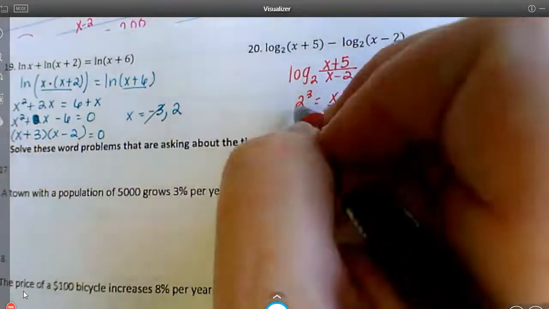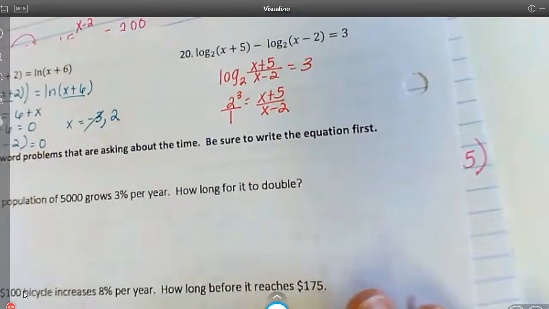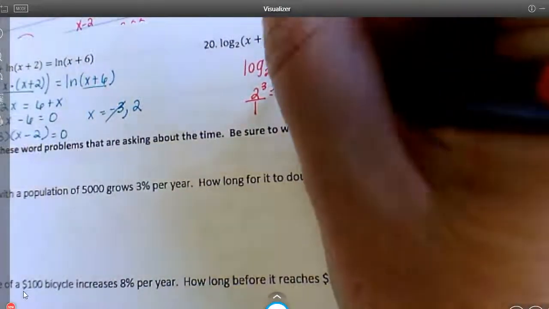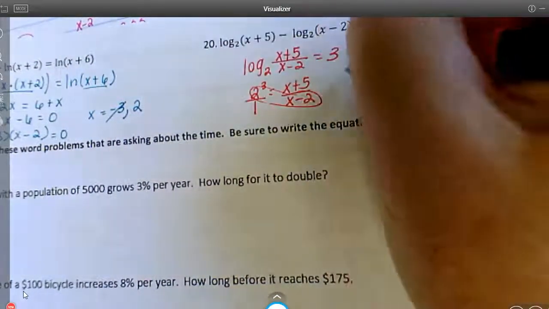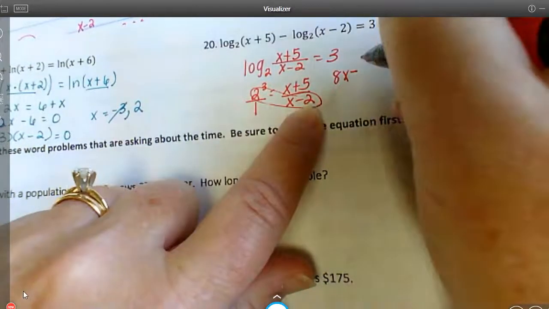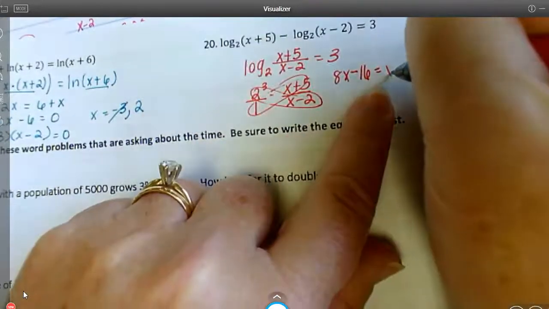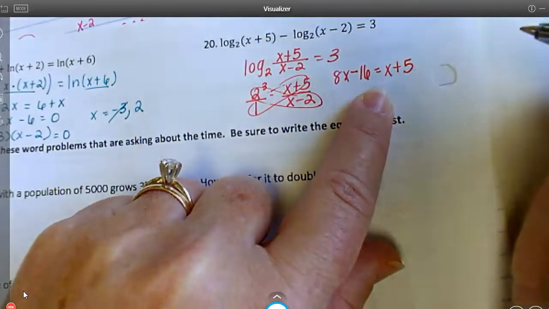You can think of it as that over that. That 2 to the third is 8. And so when I start to cross multiply, I can do 8 times those, that's 8x minus 16. And then cross multiply this side, so that's x plus 5.